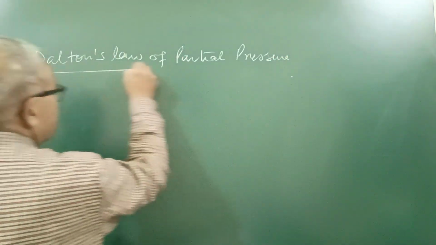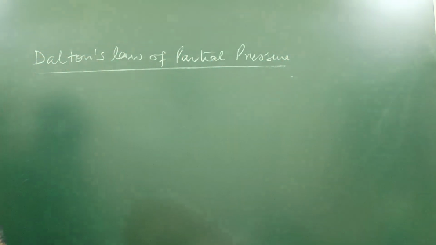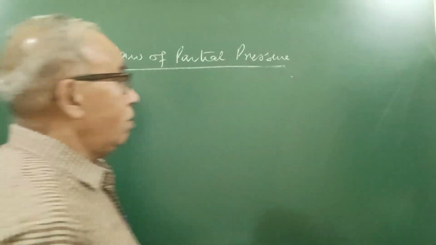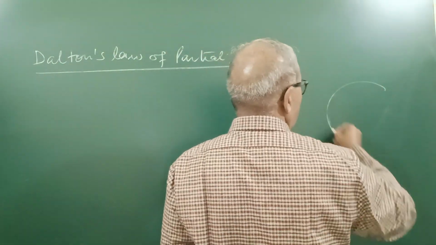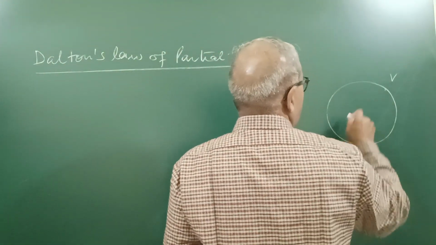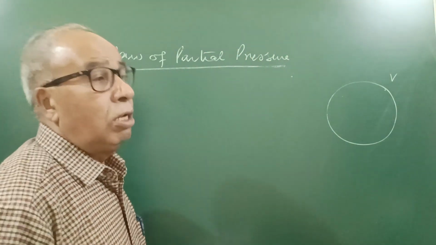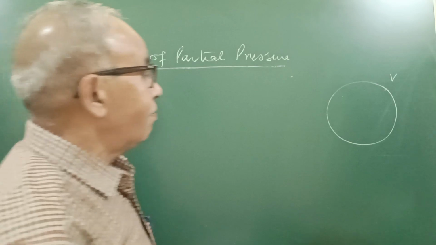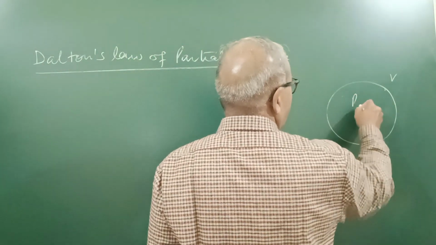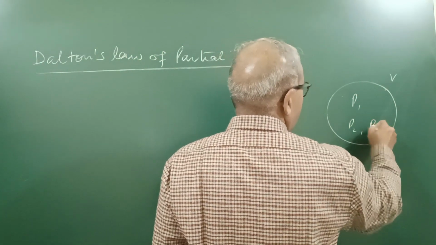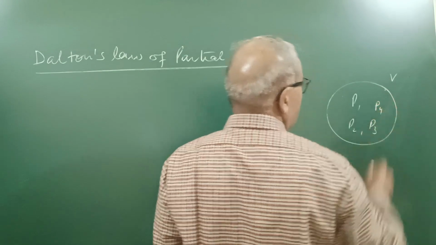What is Dalton's law of partial pressure? If we have a container of given volume V, and it has many gases which do not interact with each other, non-reacting gases are filled, their pressures are P1, P2, P3, P4 and so on.